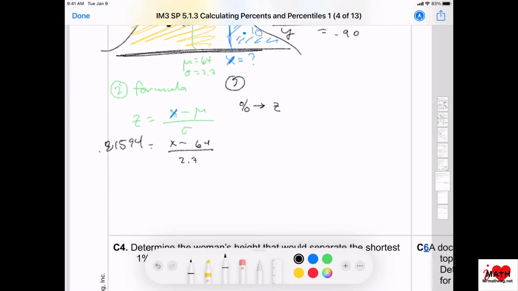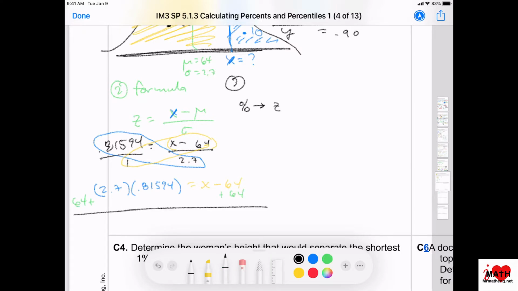And then we're just going to put this over 1, and we're going to cross multiply. And again, when you multiply this, it's just 1 times the quantity. So it's really just x minus 64. Add 64 to both sides. And here's my calculator-ready equation. Let's do that together.